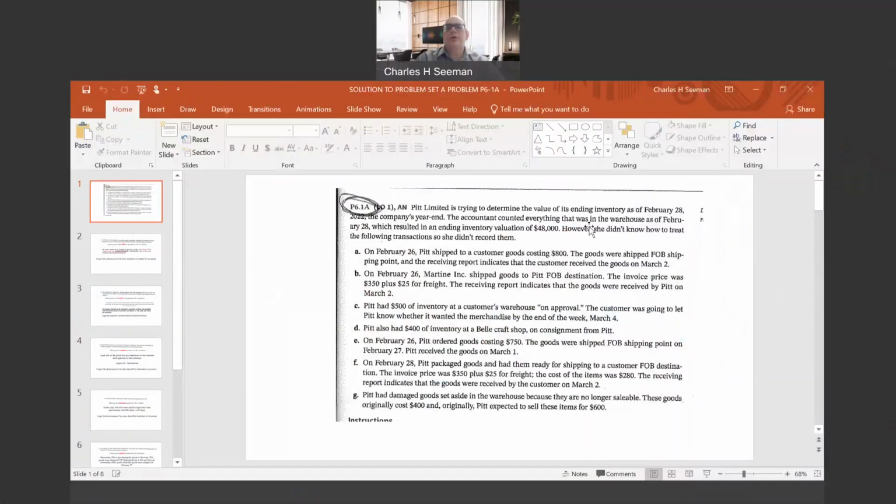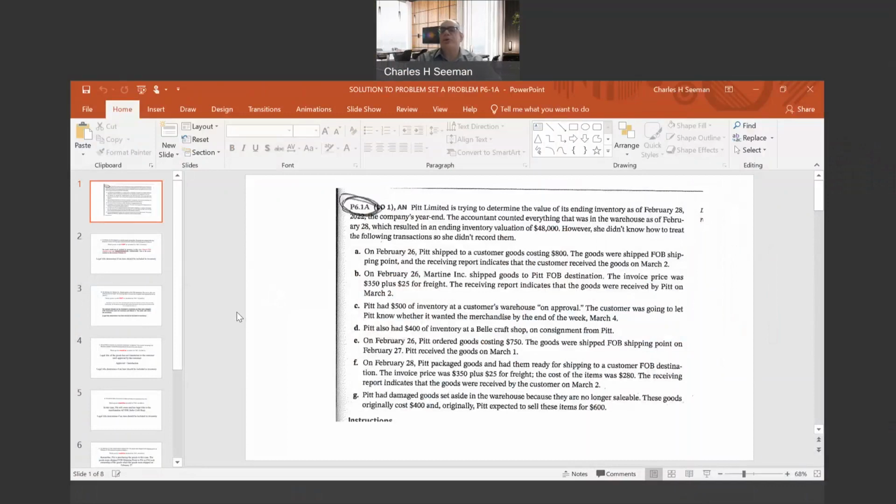Okay, so the problem looks like this. Pitt Limited is trying to determine the value of its ending inventory as of February 28th, 2022, the company's year end. The accountant counted everything that was in the warehouse as of February 28th, which resulted in an ending inventory of 48 grand. However, she did not know how to treat the following transactions, so she didn't record them.